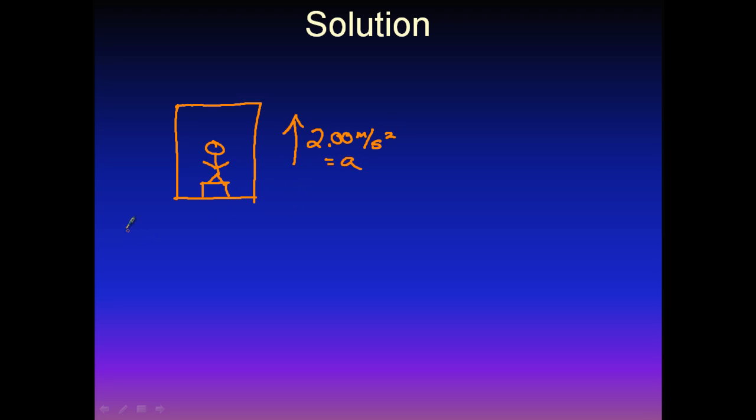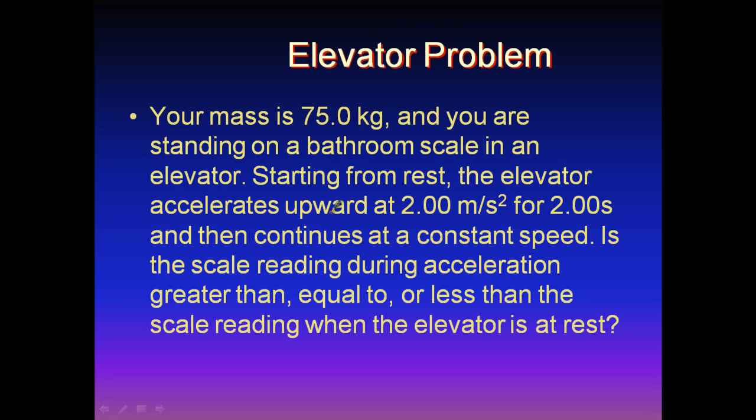You have a mass of 75 kilograms. It's obviously a dude because he's about 150 pounds. Let's go back and read it again. It wants to know whether the scale reading during the acceleration, during these 2 seconds, is greater than, equal to, or less than the scale reading when the elevator is at rest.